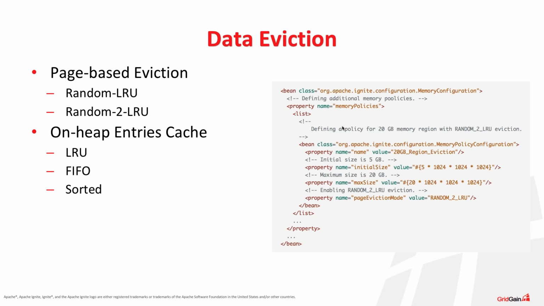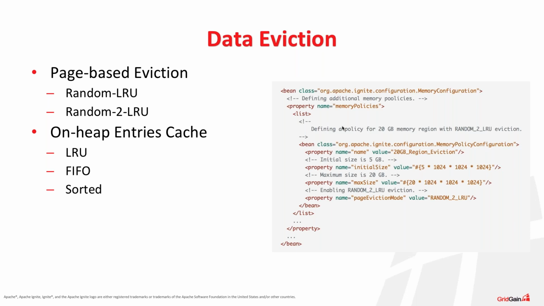The whole idea of those 2 page-based eviction modes is that every page we have in our virtual memory has a timestamp associated with it, a timestamp of the last time a page was accessed. And then when you run out of memory on an individual node, and here I mean physical memory, RAM, then the virtual memory will remove the least recently used pages.